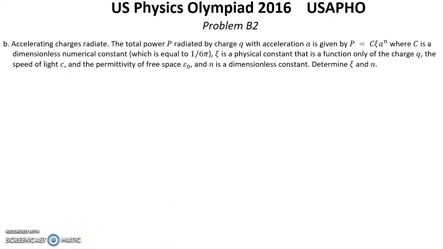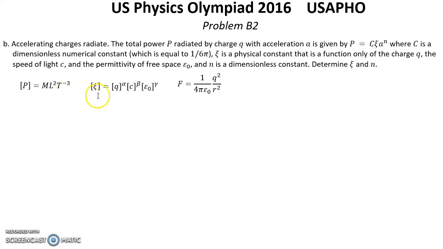Here we have to find what xi and n are in this expression for power. And here we have to use dimensional analysis. Let's do this. The dimension for power equals mass multiplied by length squared and time to the power -3.